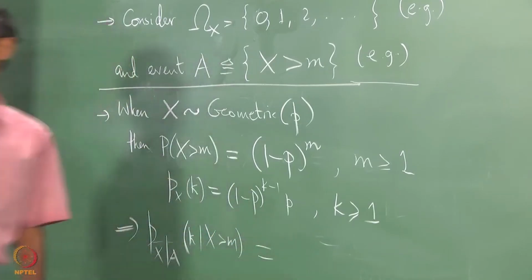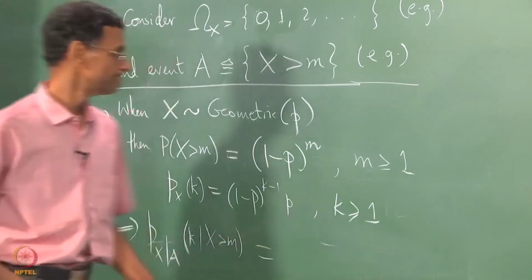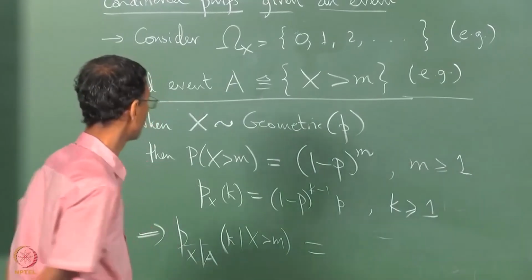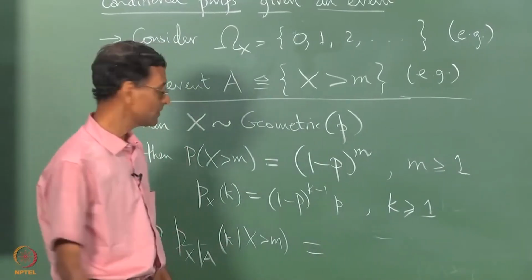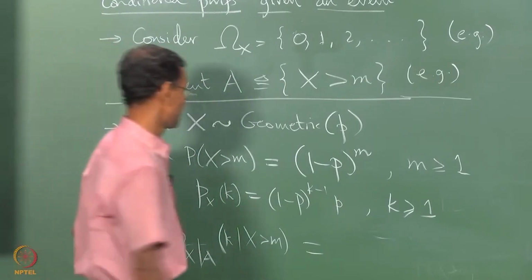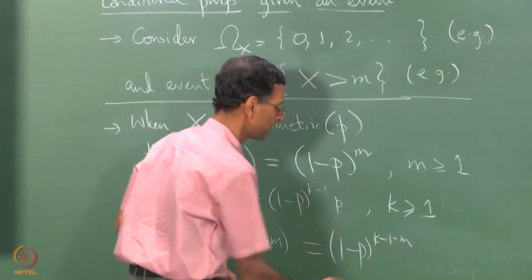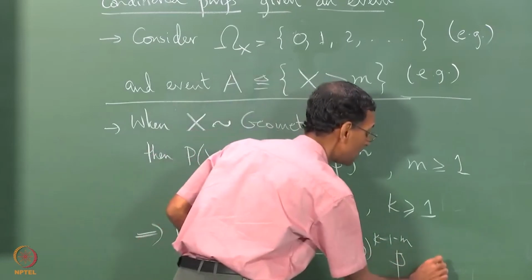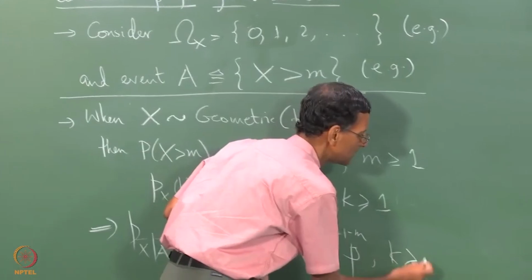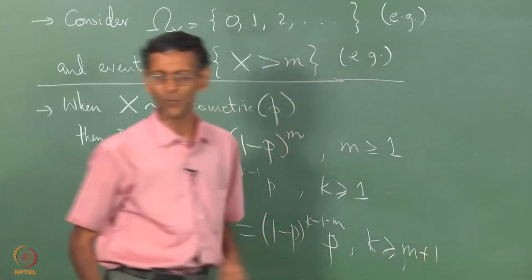Please do it. What do you get? Tell me. (1 minus p) to the power k minus 1 minus m, times p. For what values of k? k has to be greater than m, or greater than or equal to m plus 1, whichever way you want to say it.